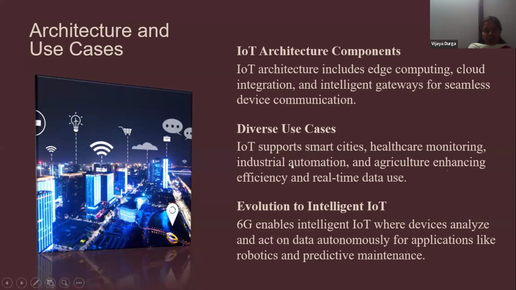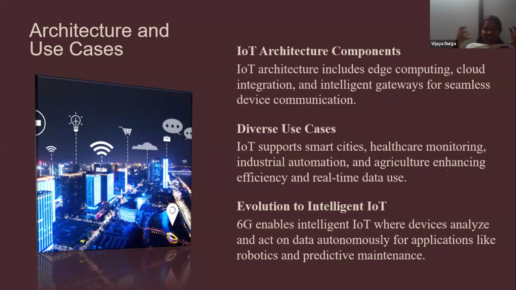And then industrial automation. Industry needs to provide more and more services to users, so here also we need to use IoT devices. Industrial IoT is one of the better areas. In agriculture also, if you want to detect anything happening, you can put IoT devices that sense the data immediately.